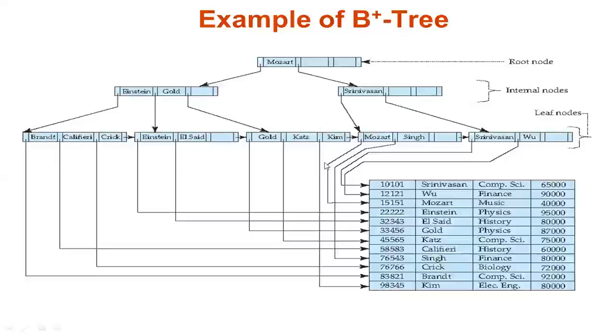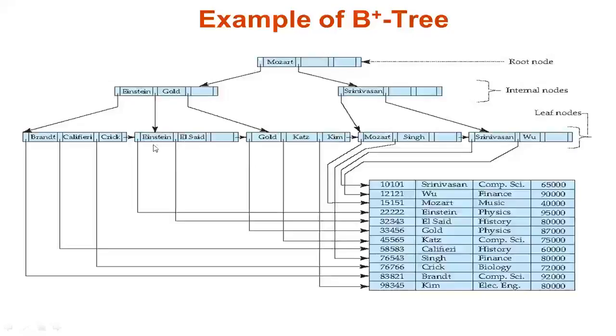If you look at this example, it is sorted in alphabetical order. The first value in the leaf node starts with B, and then C, and then at the other level you can see E, and in the next level E again.